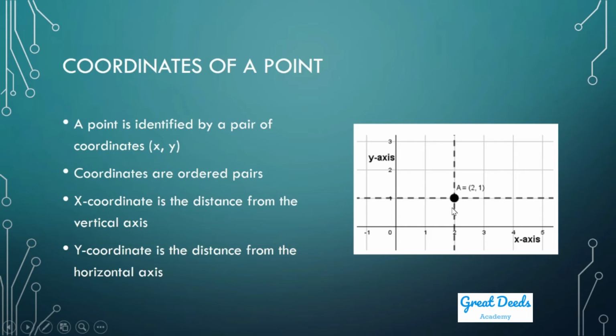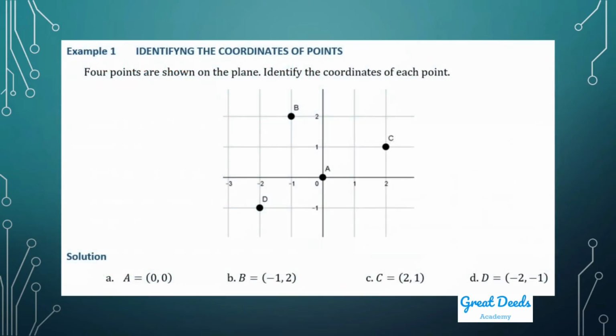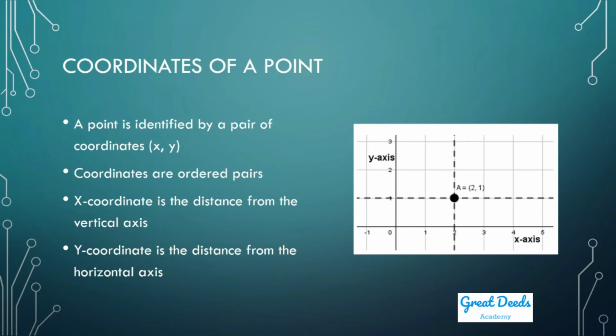Let's say, for example, point A. How do we give this point a set of coordinates? What we do is we draw a line through point A that is perpendicular to the x-axis. Where this line intersects the x-axis is the x-coordinate.